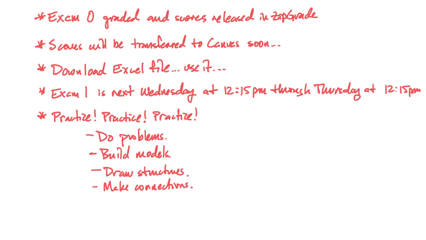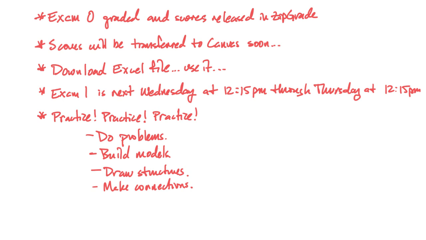Your exam 0 grade exams have been graded, and you can see the scores in ZipGrade. So if you did all those bonus things, you log in, you see your posted assignments, and then click on, there's a little green or white icon you can click on to see a photo of your exam, what you got right, what you got wrong, and your score.